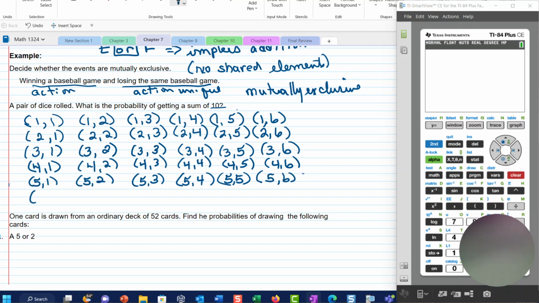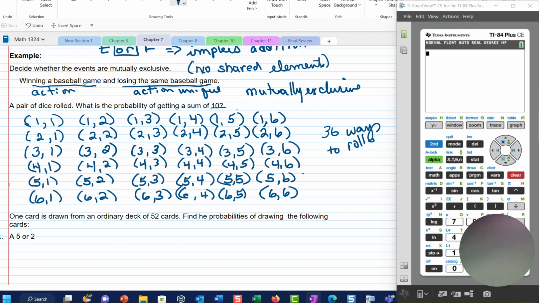Now I'm at the last one, the 6s. 6 and 1, 6 and 2, 6 and 3, and so on. So we have 36 ways to roll 2 dice.